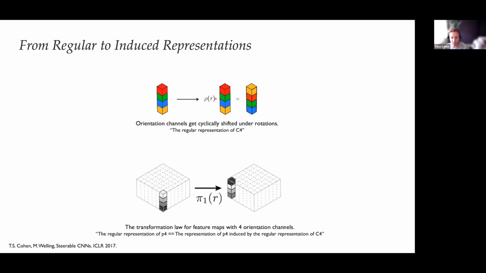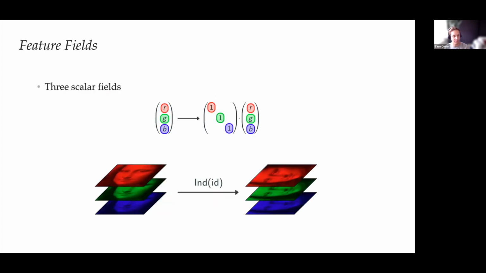So we have first a representation of our subgroup H, that's rho, in this case cyclic shifts, but it could be something else. Then from that you build a representation of your large group G that acts on fields of those 4-dimensional vectors in this case. Another extreme example is scalar fields.